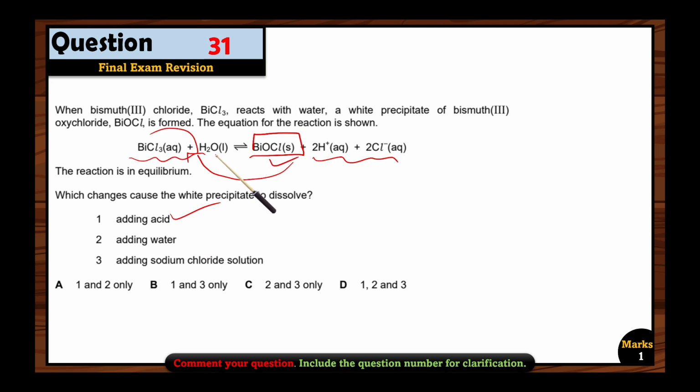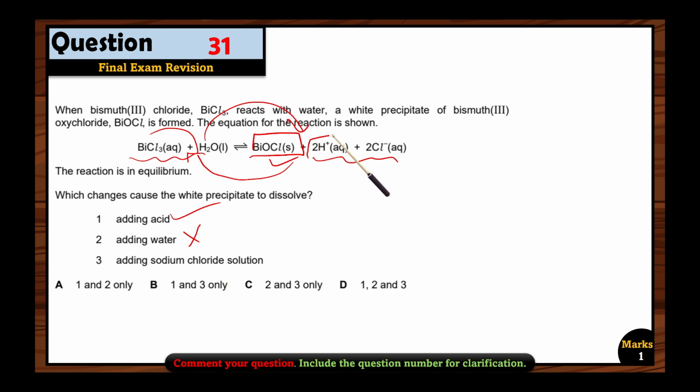Adding water: if you add more water, it will shift towards the right again. So that's not the right option, because we will get more precipitate. Adding sodium chloride solution: if you add more sodium chloride solution, what will happen?